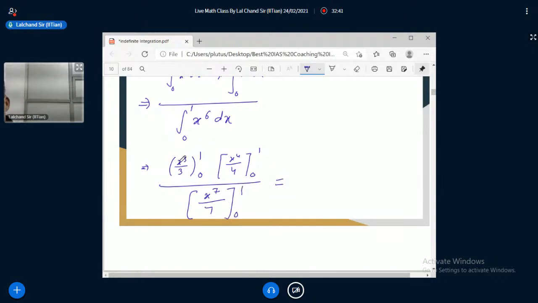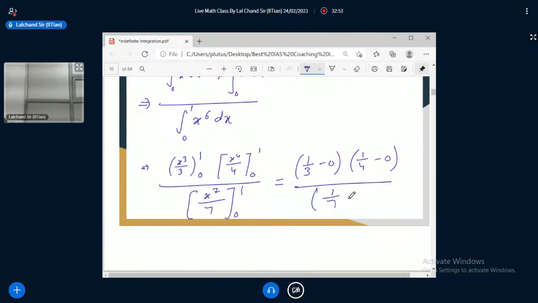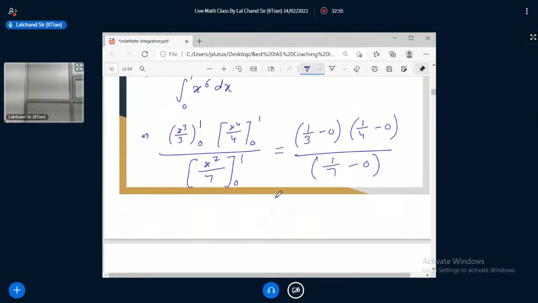So finally we have (1 by 3 minus 0) into (1 by 4 minus 0) divided by (1 by 7 minus 0). In the numerator we have 1 by 12, in the denominator 1 by 7. So finally we have 7 by 12 as the answer. Okay, this is our final answer.